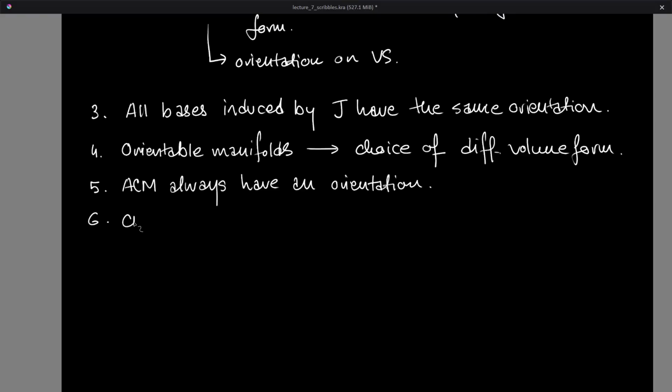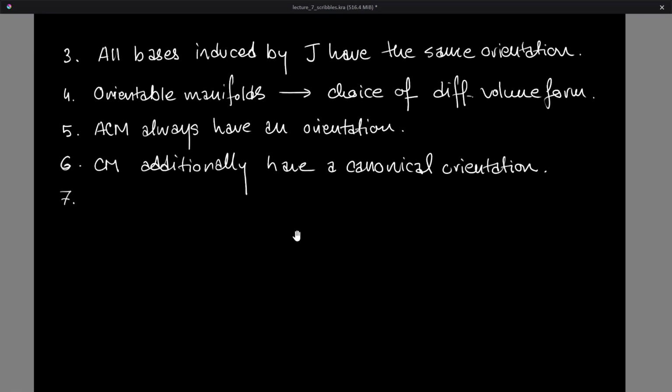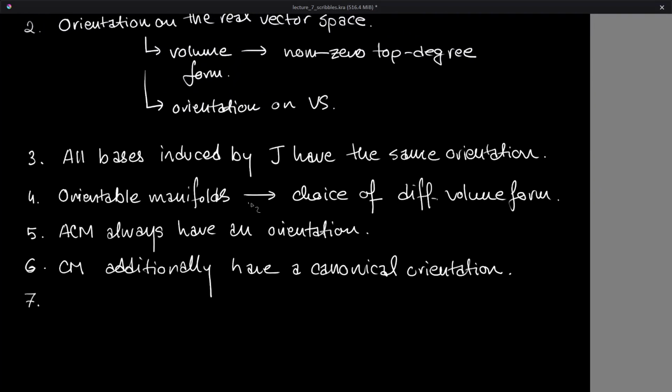Six, we saw that complex manifolds additionally, because of their holomorphic coordinates, always have a canonical orientation. Then we looked at orientable manifolds and orientable atlases.